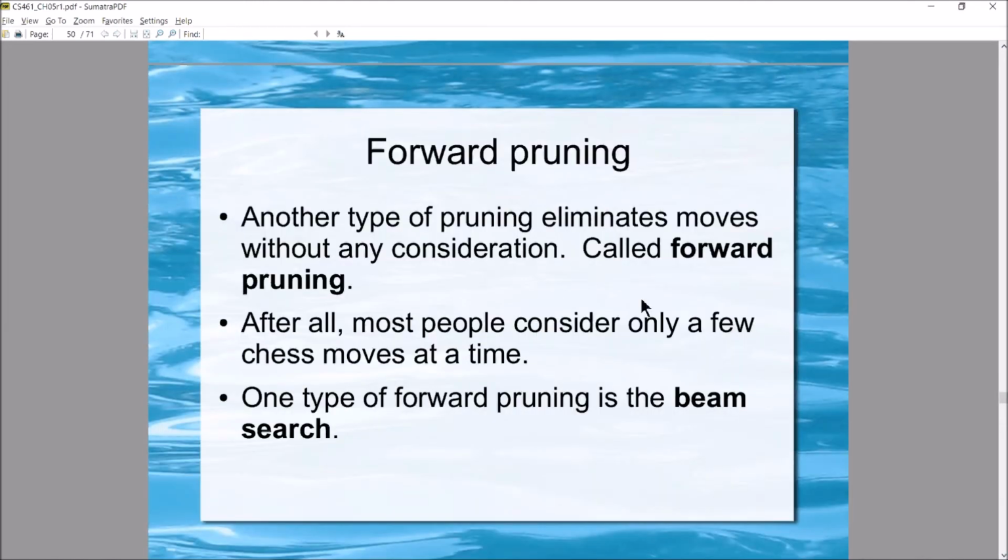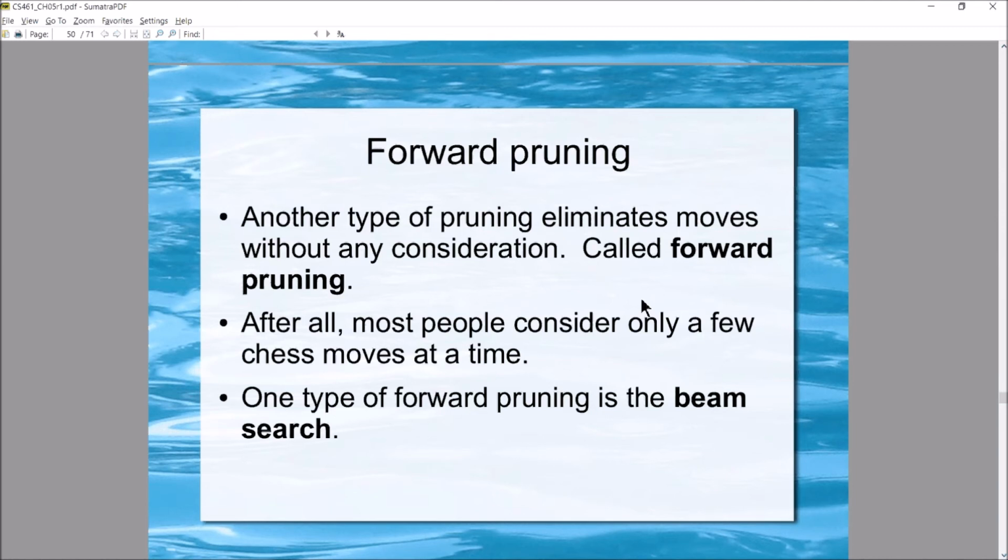All right. So another thing we can do to speed up our search is forward pruning. Let's go ahead and eliminate some particular actions, particular moves. We don't have to worry about it, no further consideration. Forward pruning. If you think about it, most people are only going to be considering so many chess moves at a time: 3 moves ahead, 4 moves ahead, 8 moves ahead.